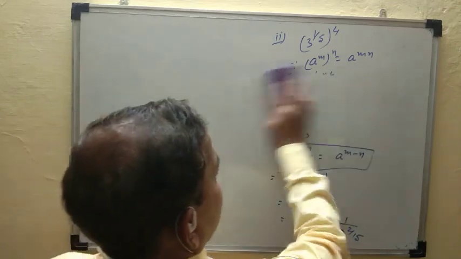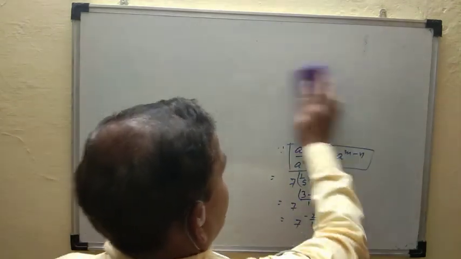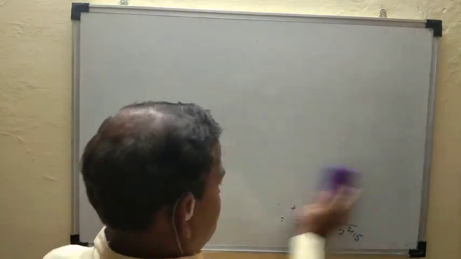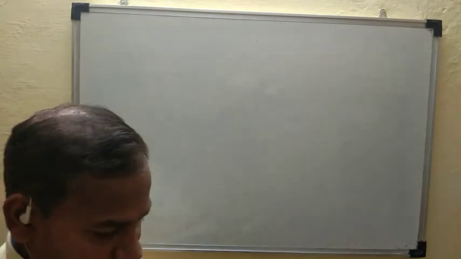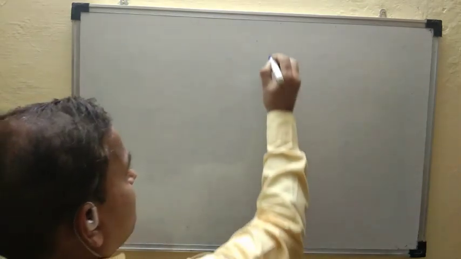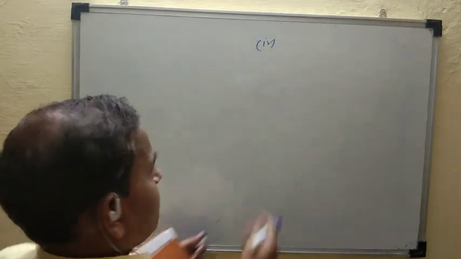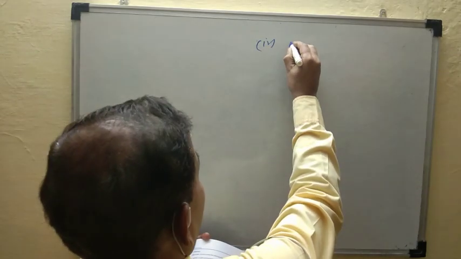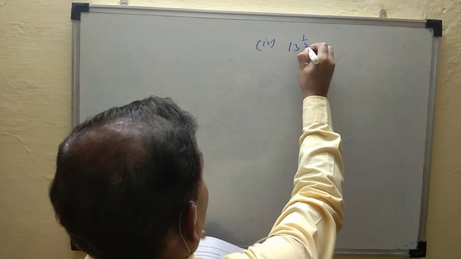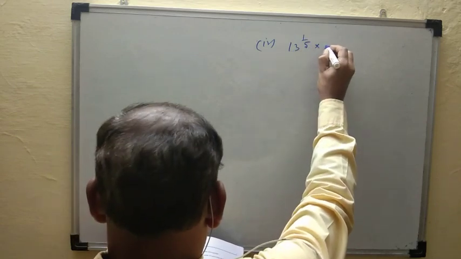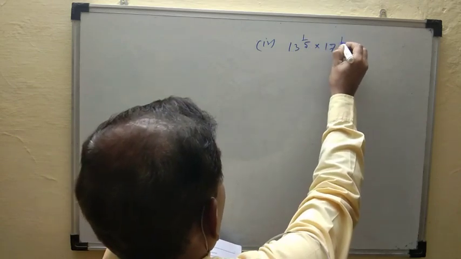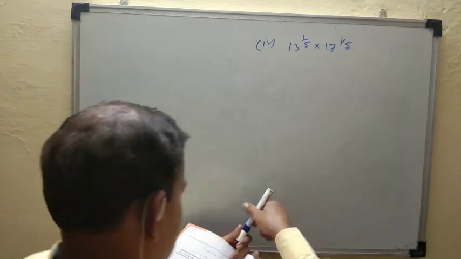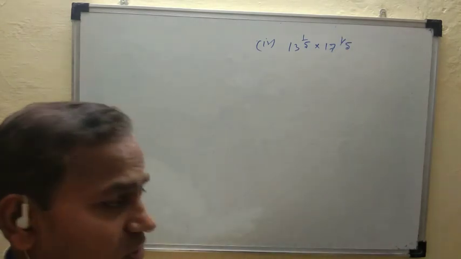Now the fourth part. Fourth is 13 to the power 1 by 5 into 17 to the power 1 by 5, and the power is the same.